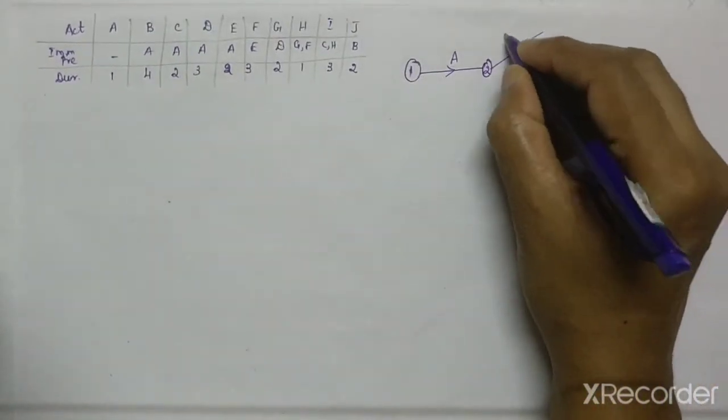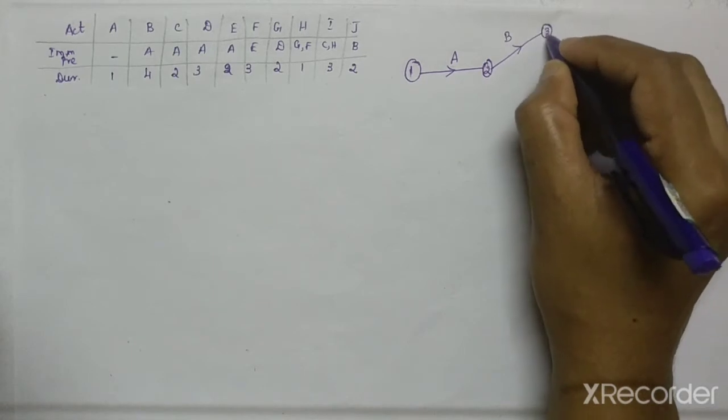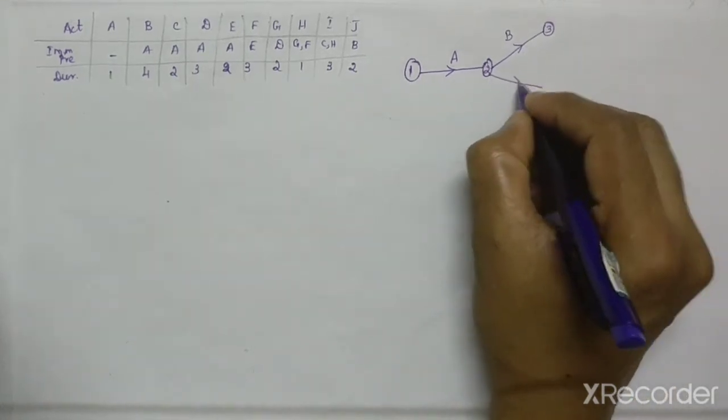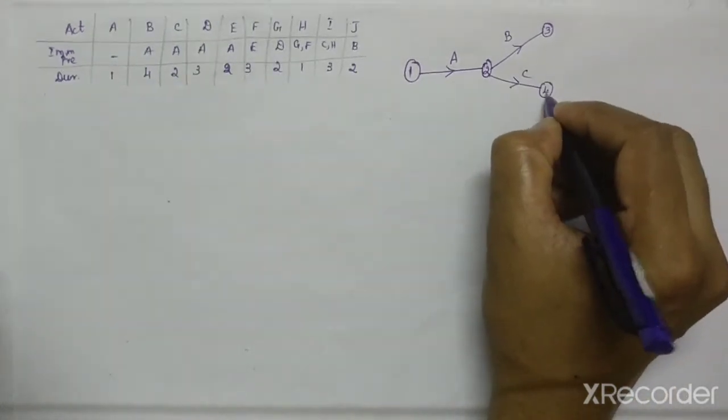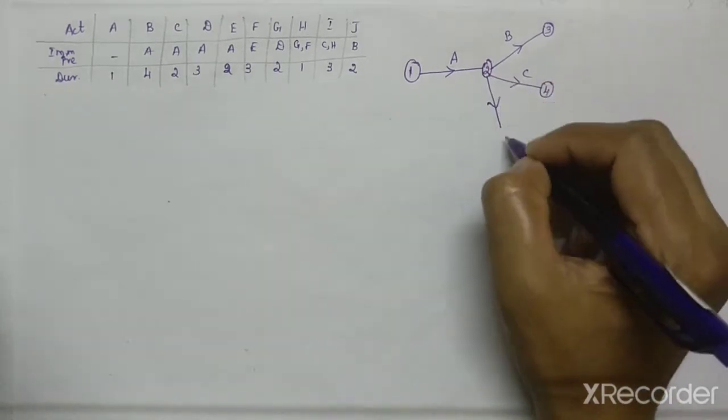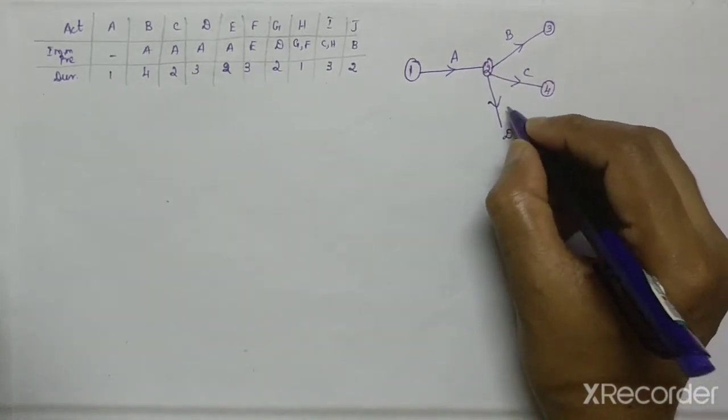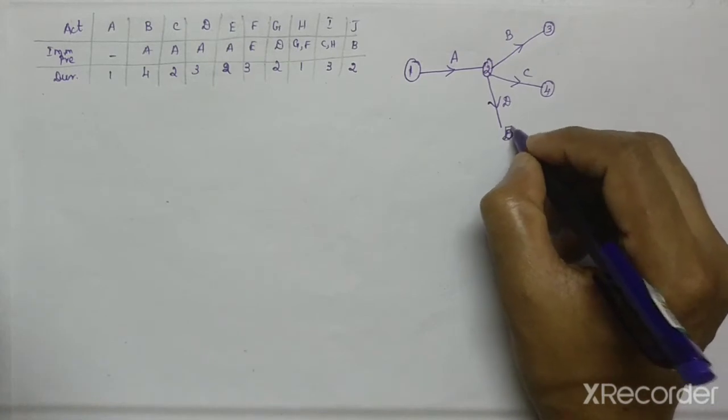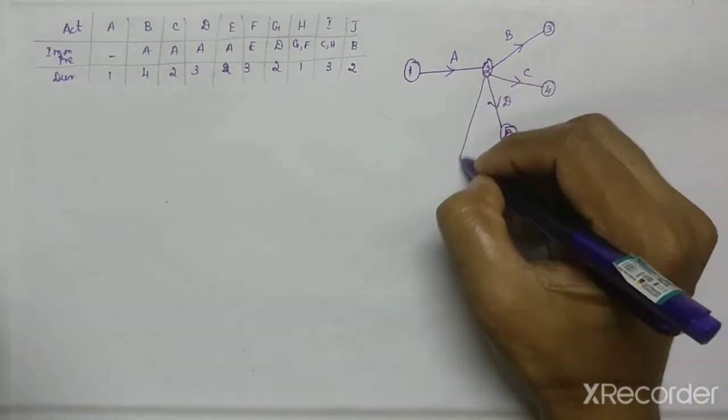So this will be B, this will be C, this will be D, and this will be E.